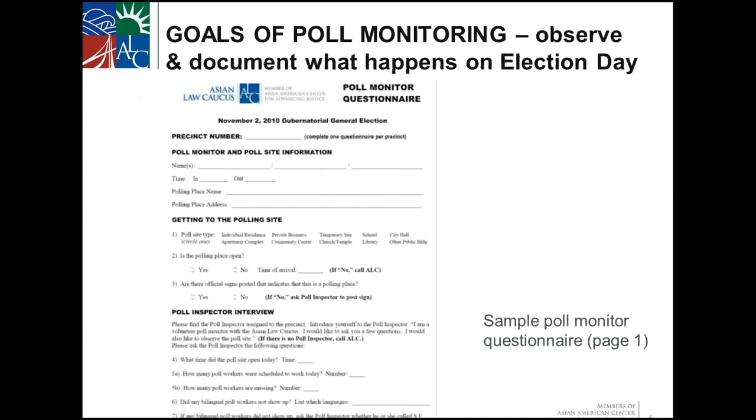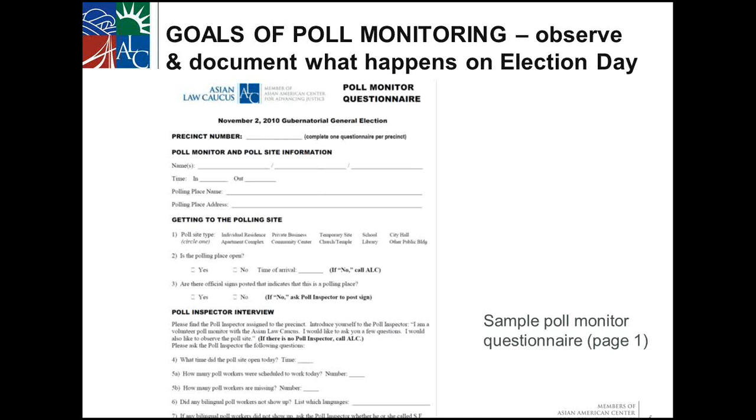How do we capture and observe and document and collect all the data that we see while we're poll monitoring? Well, we use a poll monitor questionnaire. What you're looking at right now is a questionnaire used by the Asian Law Caucus in 2010.